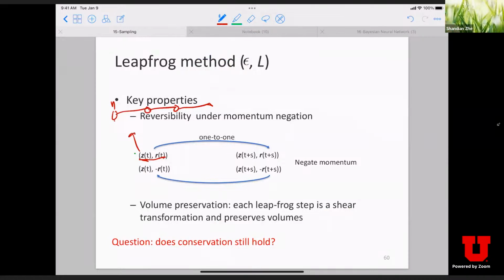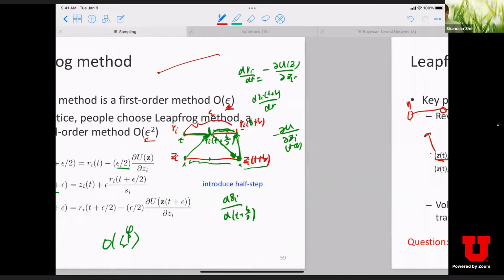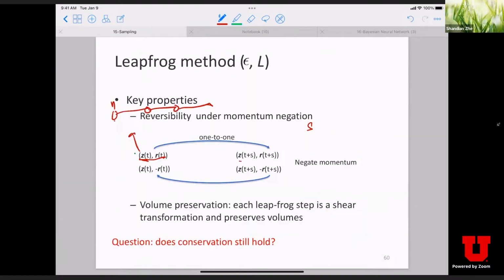Now I want to look at the state after an amount of time s. I can just apply the leapfrog method we just discussed, through this numerical integration, and we'll arrive at the new state, Z at t plus s, R at t plus s. We're going to apply the negation operation again. So this is our sample proposal. But this sample proposal was generated by running the leapfrog numerical integration, so it's not the ideal Hamiltonian system.